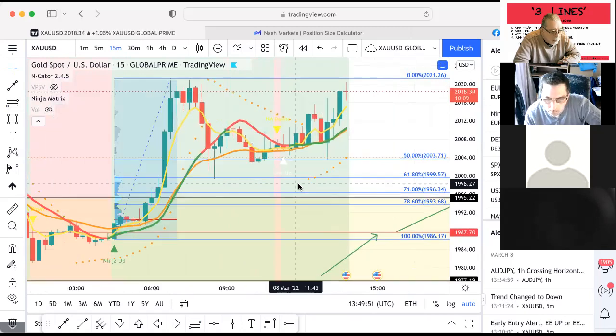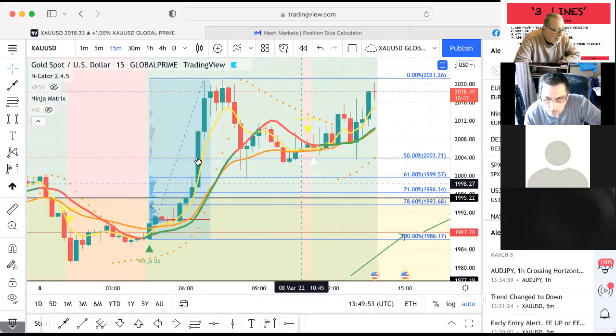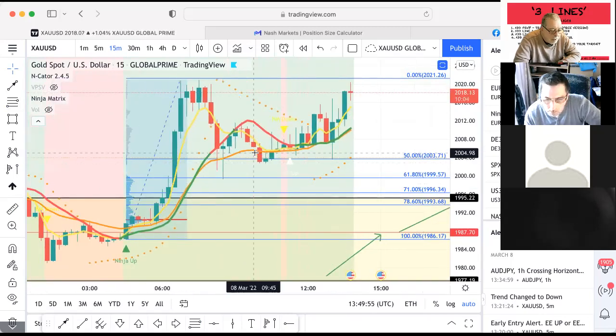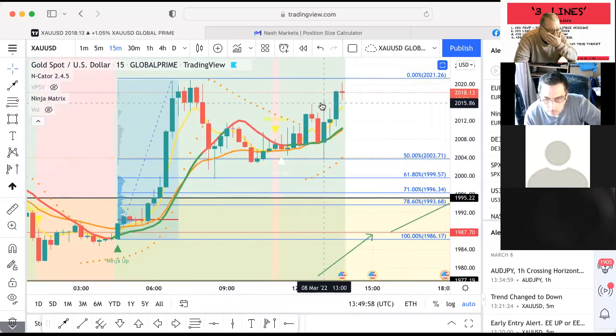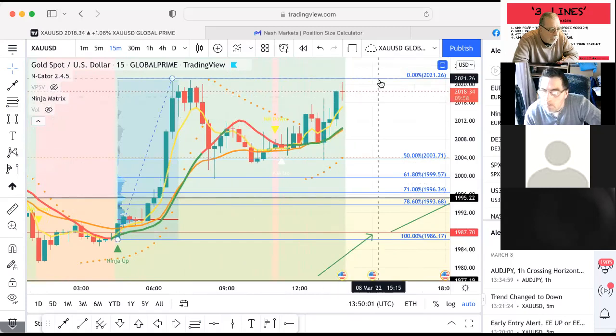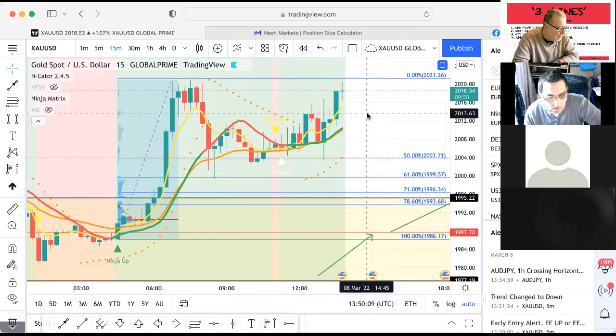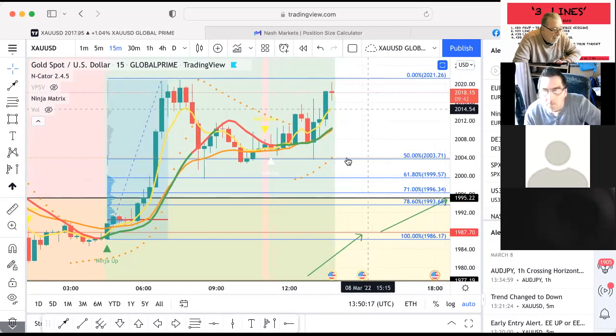So we've got a fib retracement, and I've used the basic settings, which are 0, 50, 61.8, 71, 78. I think if you take the fib retracement tool out of the box, it's got those on anyway, but if anybody wants to take a screenshot, you can.